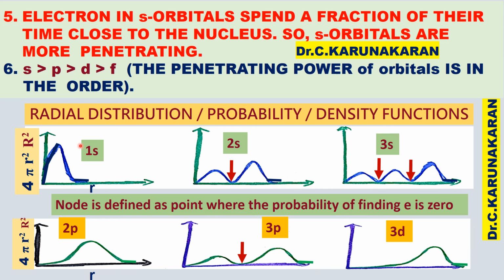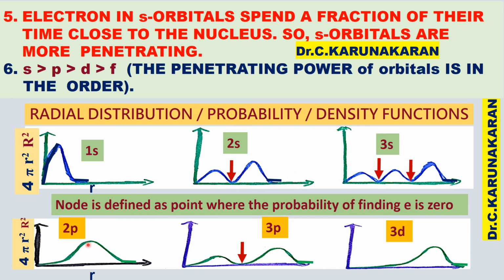Therefore the 1s orbital has greater attraction towards the nucleus, and therefore greater ionization energy than the 2s and 3s orbitals. You can easily remove an electron from the 2s orbital because it is far away from the nucleus.